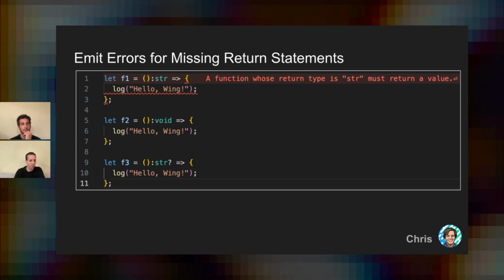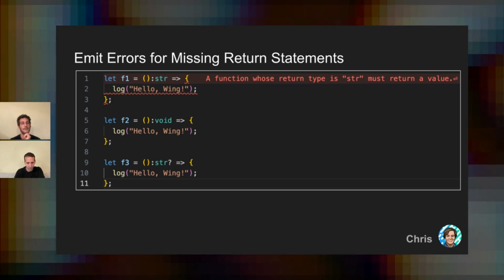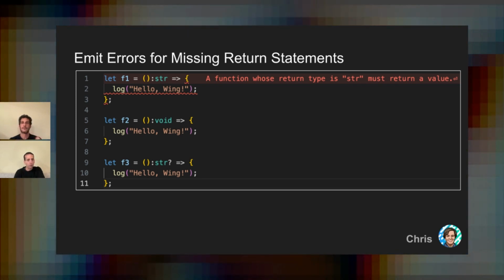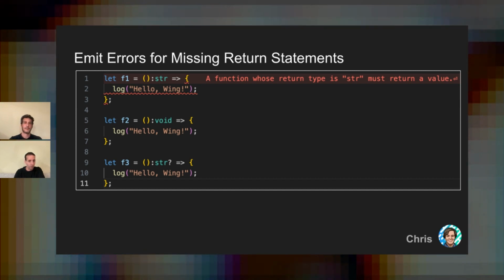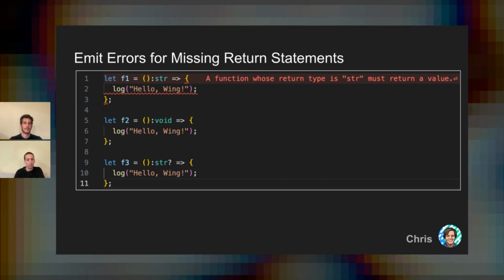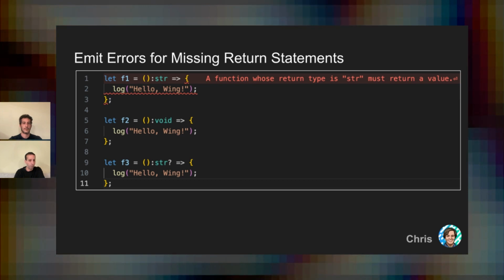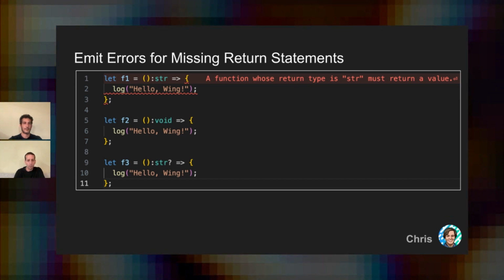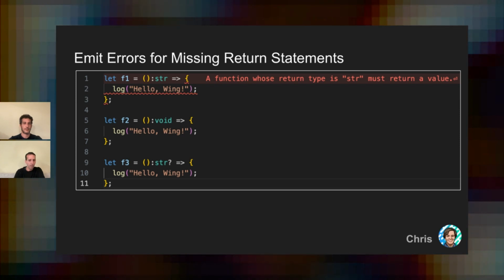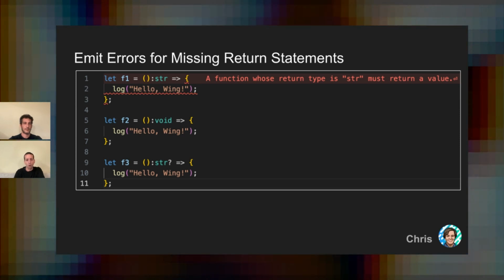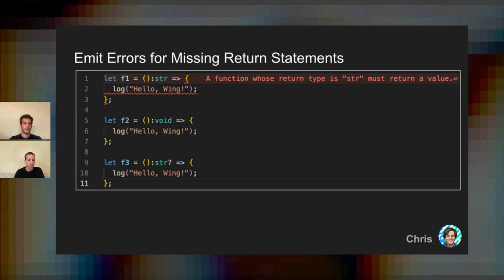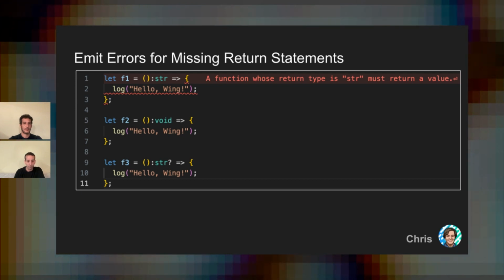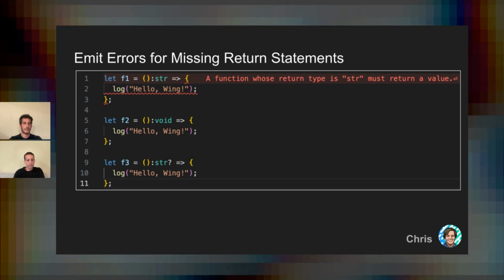The other more interesting example is what happens when your signature is to return an optional. In that case, we went for the ergonomic option, and you don't have to return anything there as well. So that's Chris.